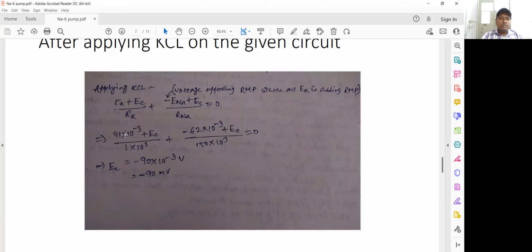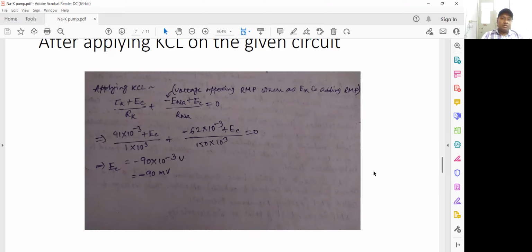Now we replace the values. EK we have taken as 91 millivolt, that is 10 to the power minus 3, plus EC divided by RK's value, which we have taken as 1 kilo ohm, 1 into 10 to the power 3. Minus ENA 62 millivolt plus EC divided by 150 kilo ohms is equal to 0. After calculation, we got EC equal to minus 90 into 10 to the power minus 3 volt, that means minus 90 millivolt.